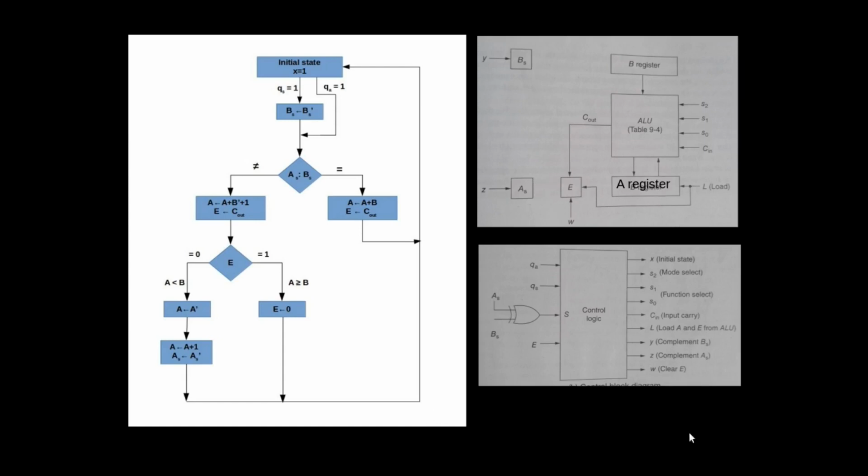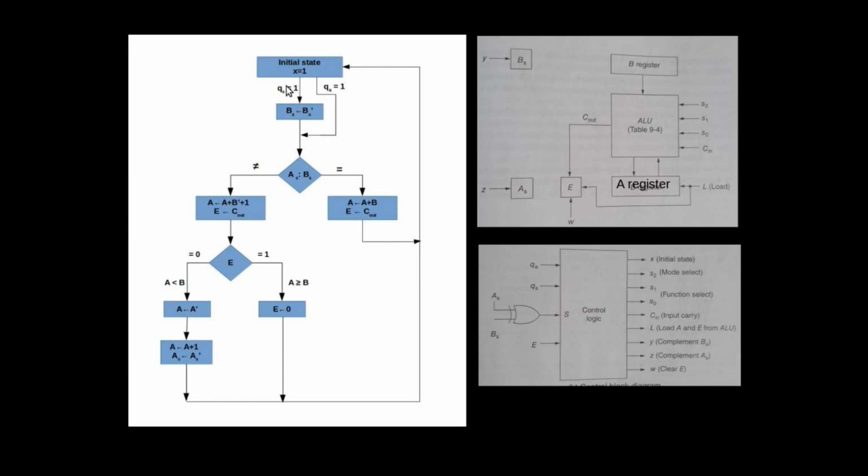That is, A is equal to A complement, and A is equal to A plus 1, because there is no separate 2's complement operation in the ALU. So we perform a 1's complement and an increment operation, which is equivalent to 2's complement. Then invert the sign bit of this result. Then it goes to the initial state.